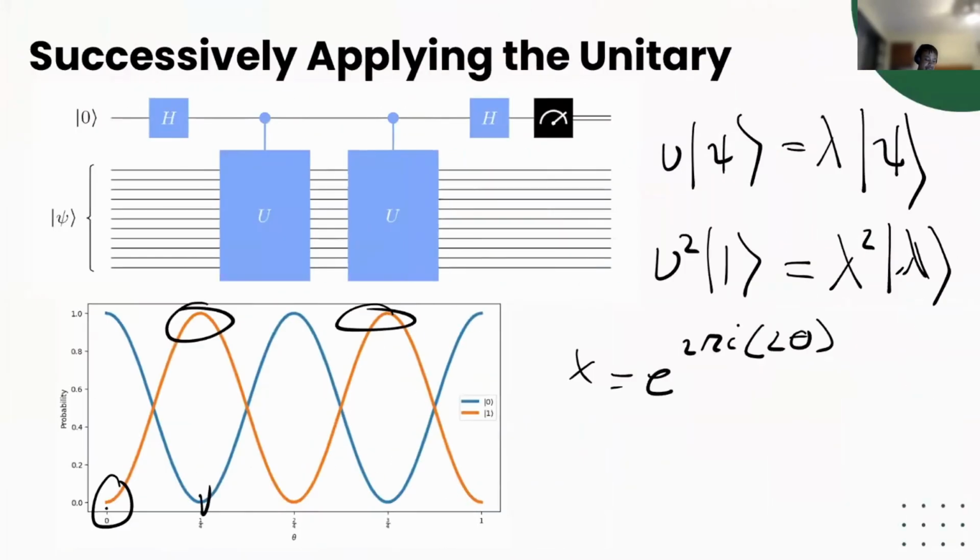And so we looked at how this happens in succession when we applied multiple controlled unitaries, and we see that we increase the frequency. And when we increase the frequency, we have a little bit more options of what theta could be, but it's not strictly better than the previous one because we have some overlap, right? So we have 2 peaks here with probability 1 as opposed to just 1.